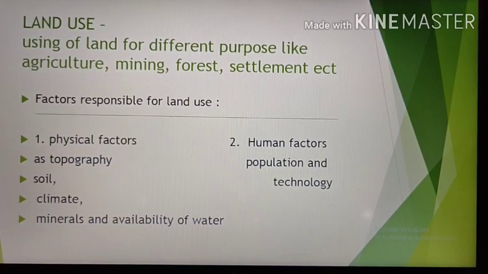Today, the vast changes in the land use pattern also reflect the cultural changes in our society. Land degradation, landslides, soil erosion, and desertification are the major threats to the environment because of the expansion of agriculture and construction activities.